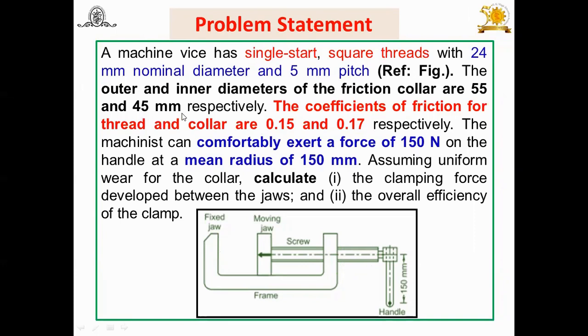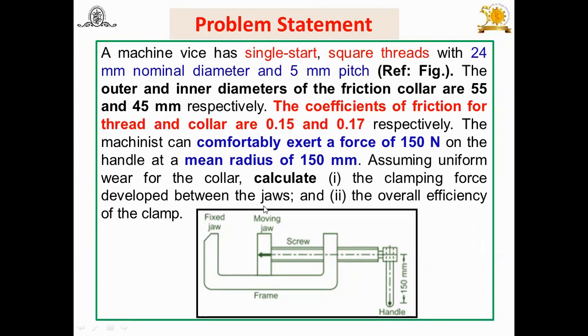These dimensions are required to determine the torque required to overcome the collar friction. Here we assume the uniform wear theory to find out this T c. Then coefficient of friction for thread surface is given 0.15, and 0.17 is given for the collar.